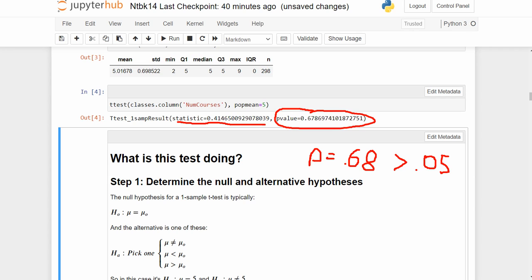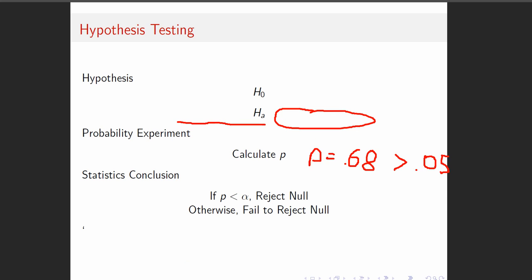Okay, and I will slip back to the PowerPoint. Remember that our rejection criteria is if p is less than alpha, we reject the null. Otherwise, we fail to reject it. So here we're in this case where we fail to reject the null. In other words, we conclude that the null is reasonably likely.